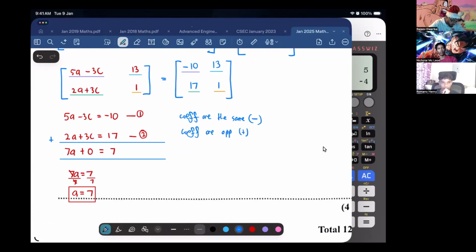Right, 2. All right. So make a little note, right? To get C, plug it into either 1 or 2, right? And make C the subject.